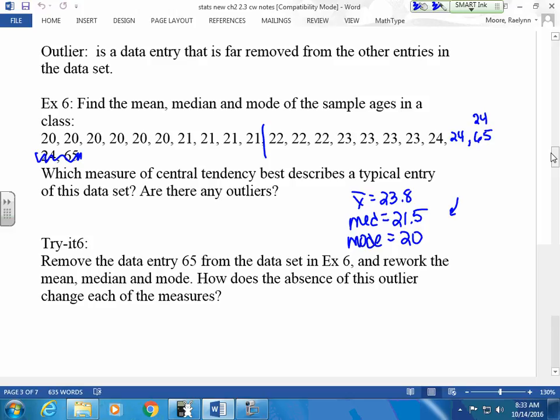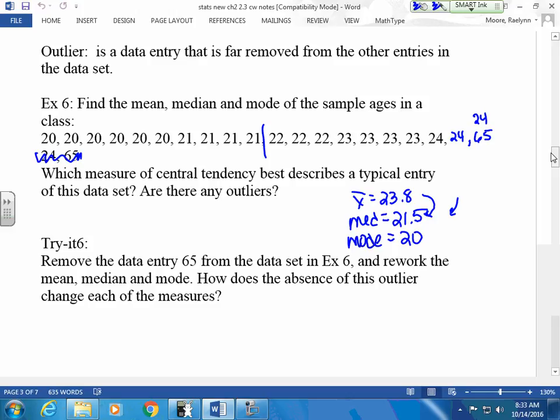No. Would it affect my mode? No. But my mean is going to change, right? What will happen to my mean if I change that number to a 24? It will go down. It will get a little bit closer to my median.